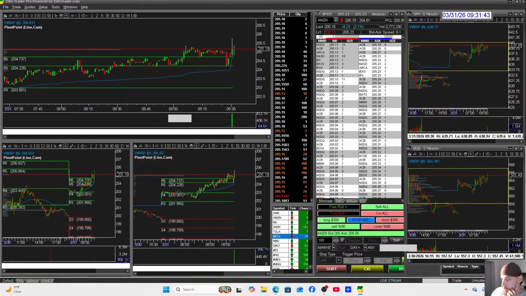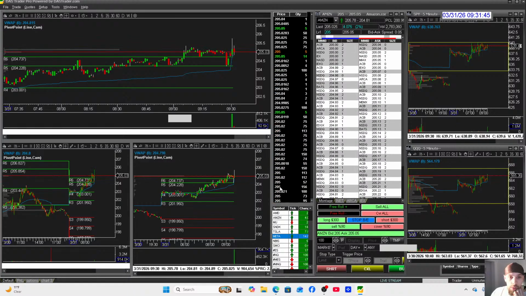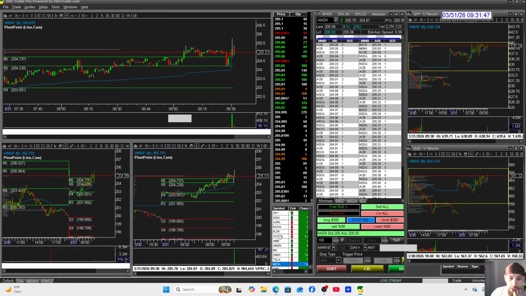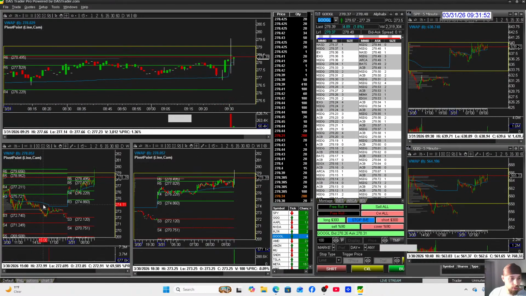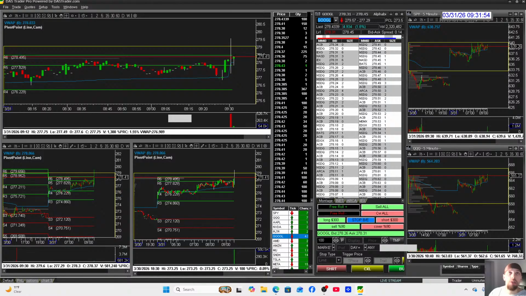So Meta's still holding this R6 level. Google, let's go to Google. Google tested it here. Just watching the price action on Google.